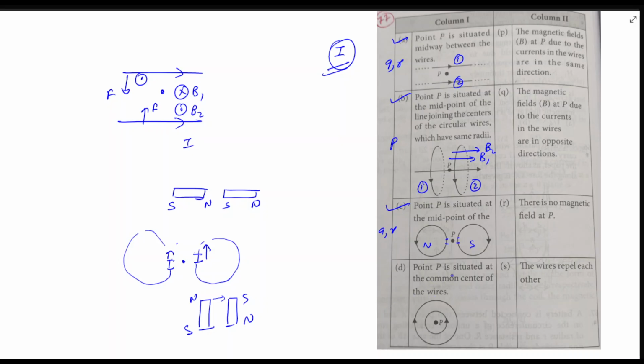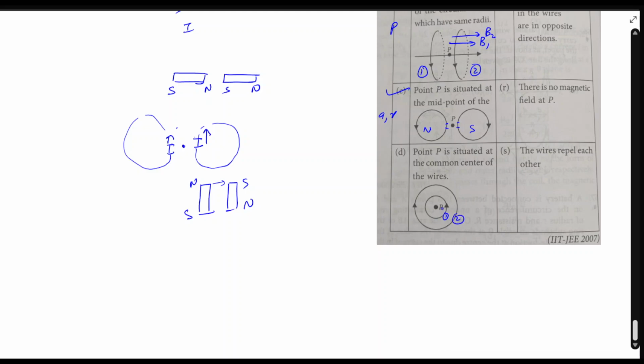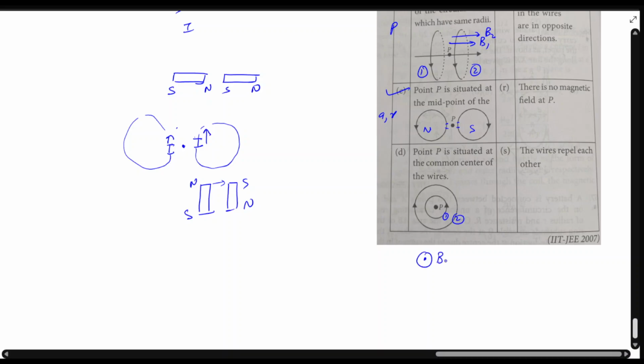Next, P is situated at the common center. So the magnetic field due to this wire, the small loop, will be, let's say this is first, this is second. Due to one, it will be out of the plane, right? So it will be like this. And due to two, it will be inside the plane, right?